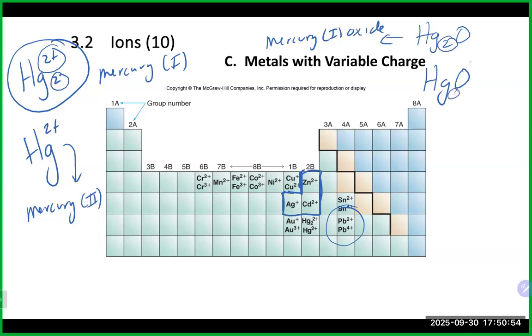Here, no 2 on the bottom, and that's -2, +2. This is actually mercury(II) oxide. So that 2 on the bottom tends to still hang out in the formula, and that's how you can recognize that it is the 1 versus the 2. If you don't see it, then it's probably the +2 charge, or mercury(II). Any questions on that?